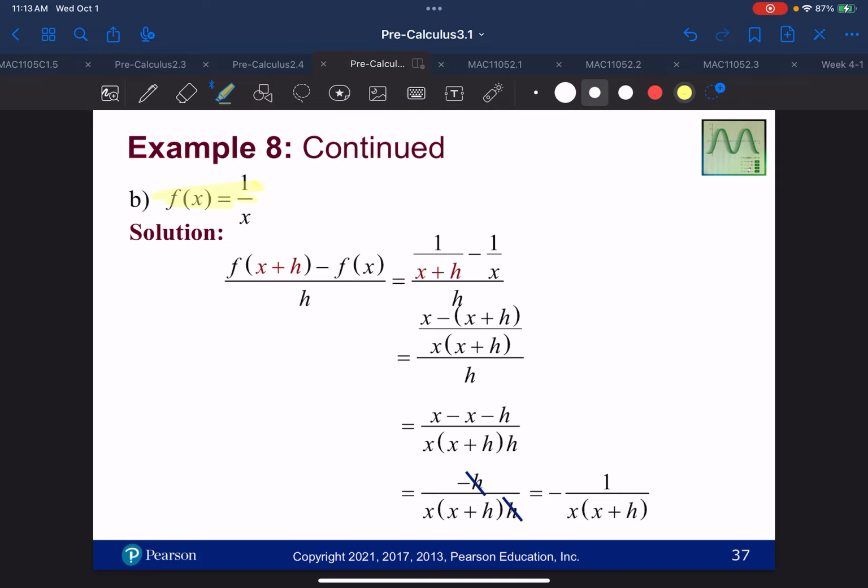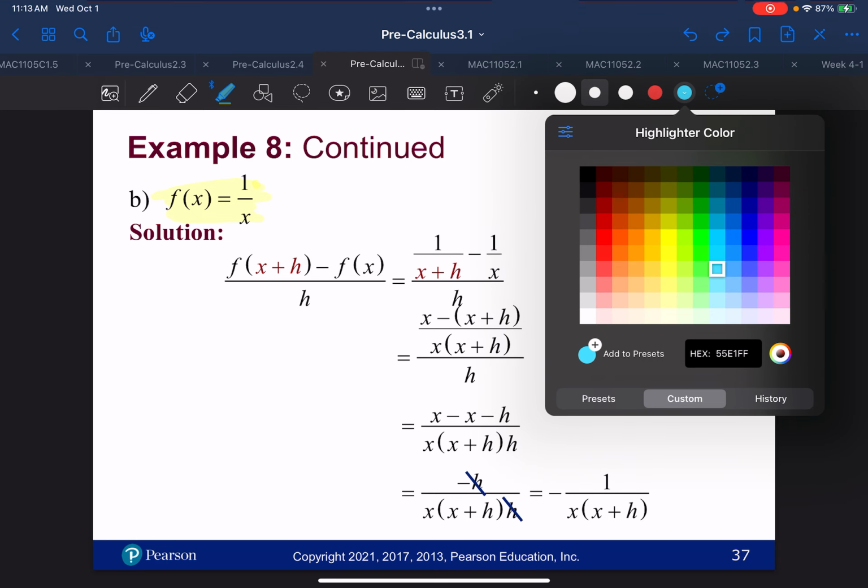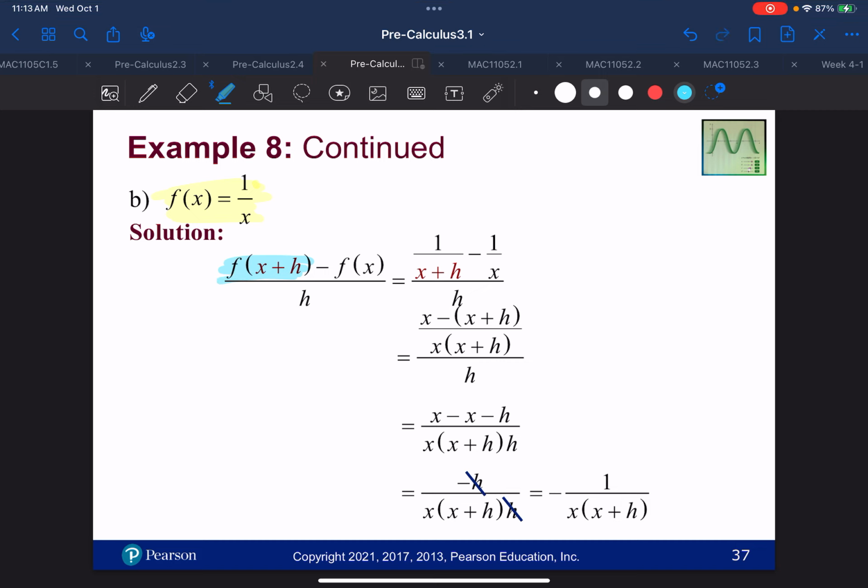Another example, if I had the function f of x is equal to 1 over x, then f of x plus h would be 1 over x plus h, minus f of x would just be subtracting the original function, and then it's all over h. All right, so from here, let me put some parentheses here to see how we get from that step to the next step.